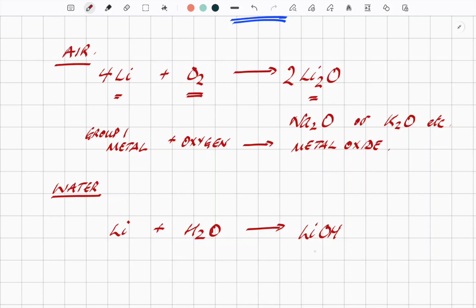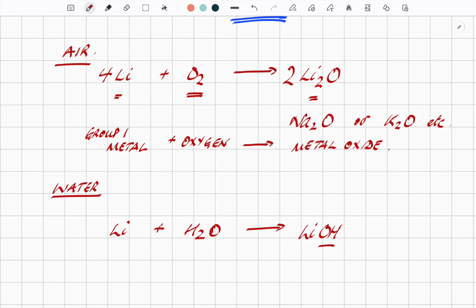In this case, remember that the hydroxide ion, OH, has a -1 charge. And lithium, when it bonds, makes a +1 ion. So it's just 1 to 1, this one's a +1, this one's a -1, so they balance each other. So you don't need more than that.